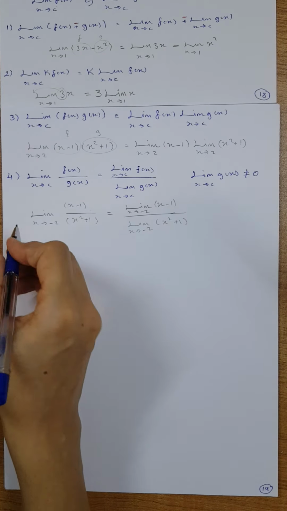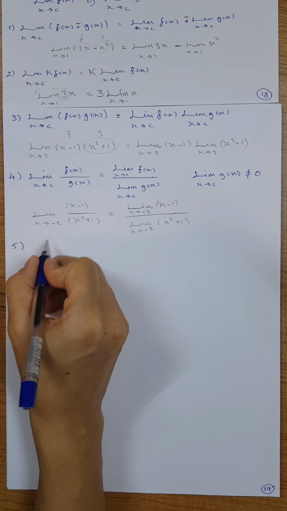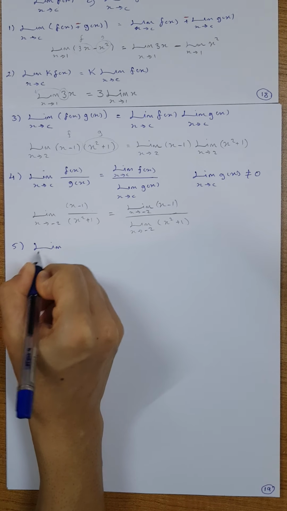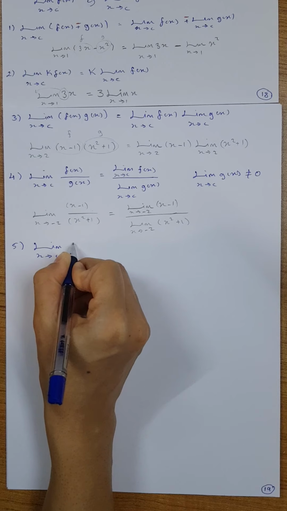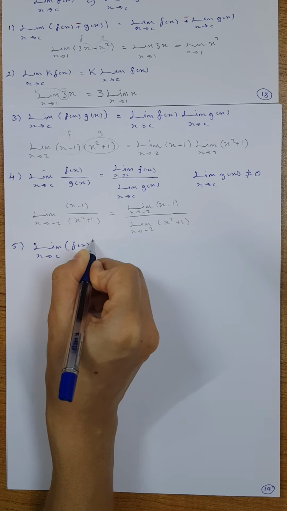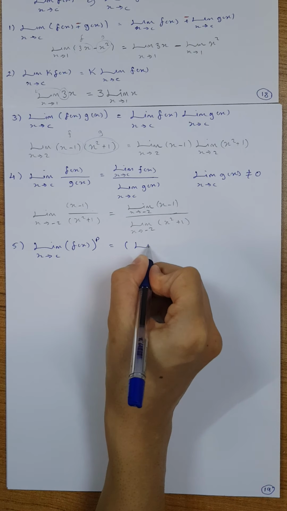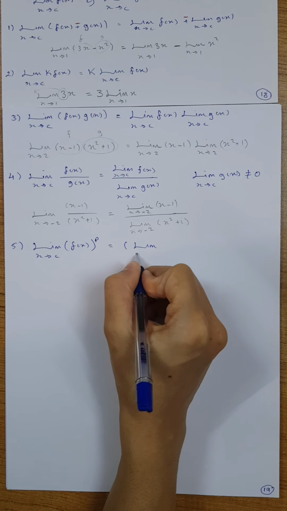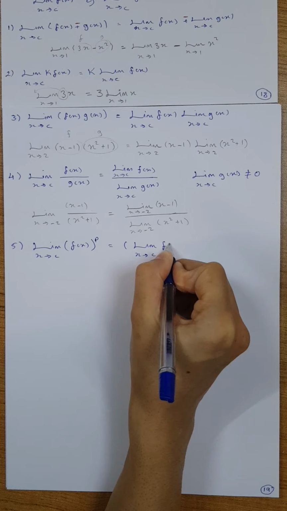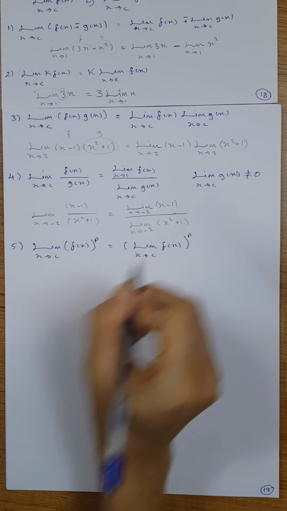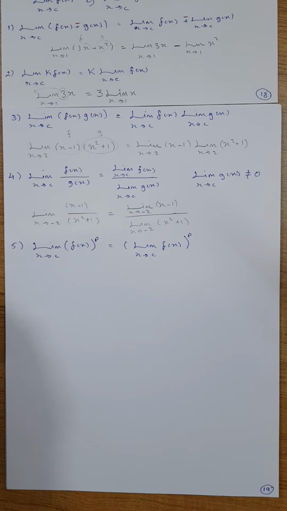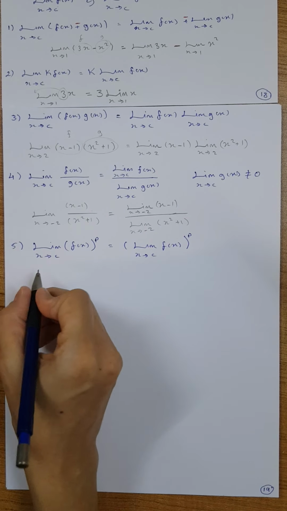The last property that we have is the power. The limit as x approaches c of f of x to the power of p is equal to what? That limit can go inside underneath the power. So that will be the limit of f of x as x is approaching c, to the power of p.